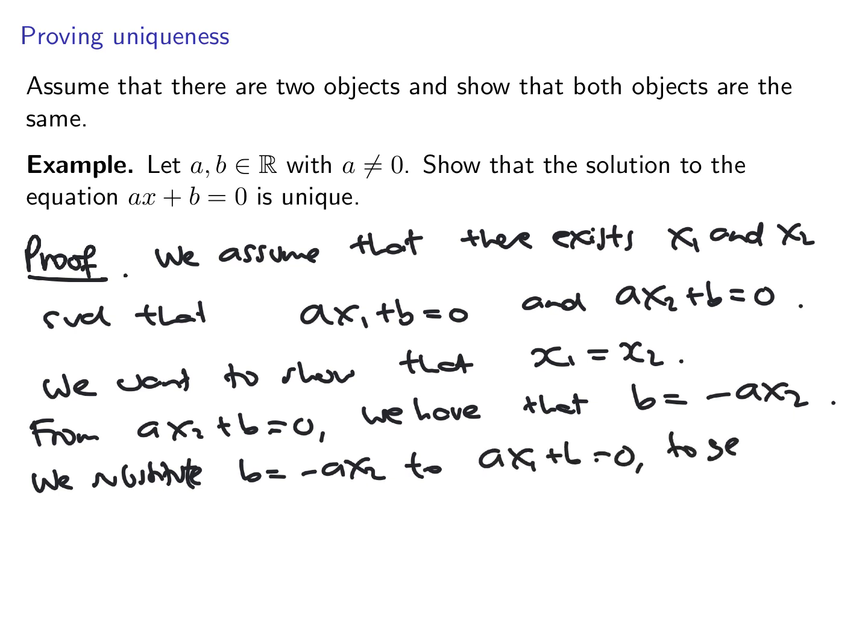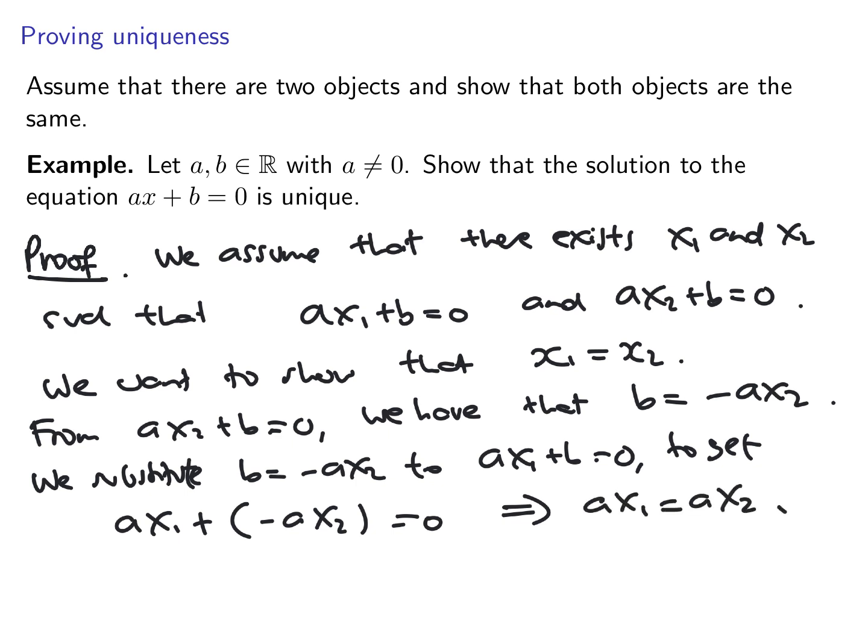We get ax1 plus, we substitute with minus ax2, equals 0. And this implies that ax1 is equal to ax2. All right, so we are now in this situation, right? That we have ax1 equal to ax2.